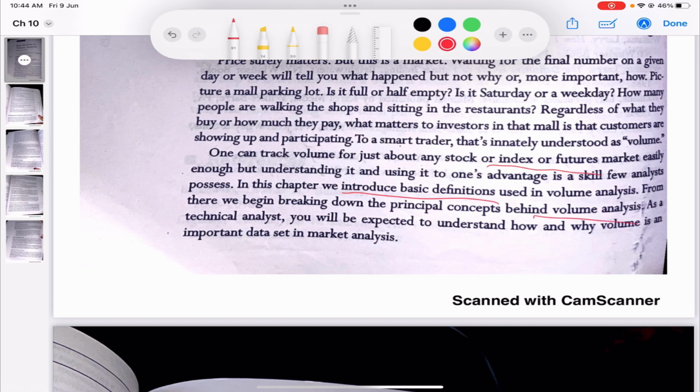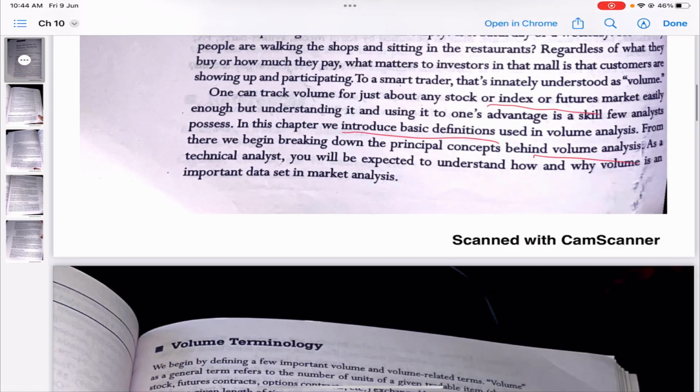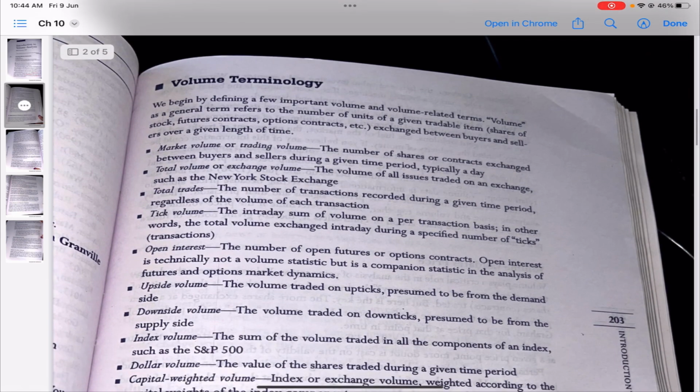As a technical analyst, you will be expected to understand how and why volume is an important piece of data. So these are the various terms which you need to learn, because these terms can be tested in your exam, and besides your exam, these terms will also help you become a better technical analyst.